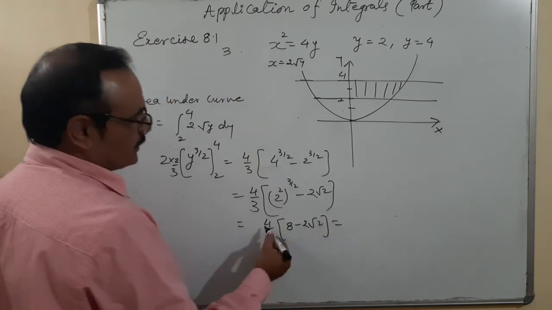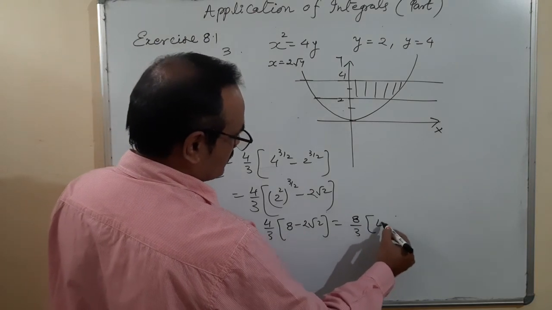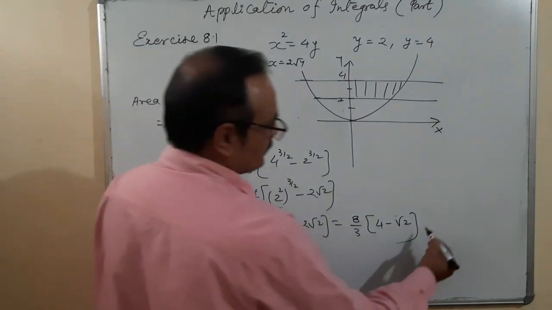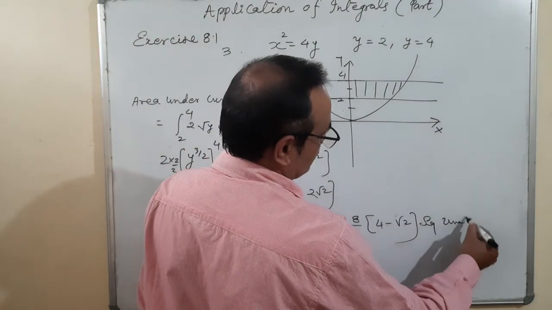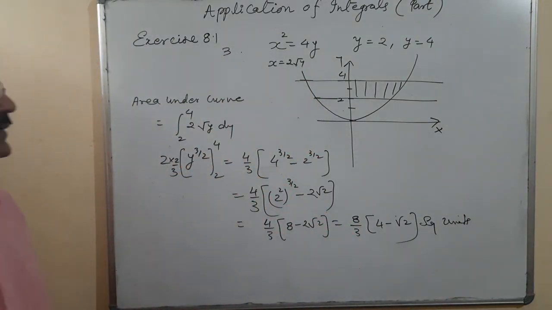Okay, so I'll take 2 more common, so 4 2s are 8 upon 3, this is 4 minus root 2, square units. Okay, clear?